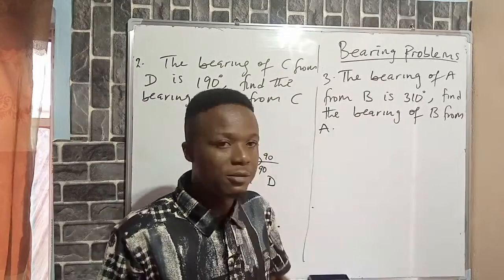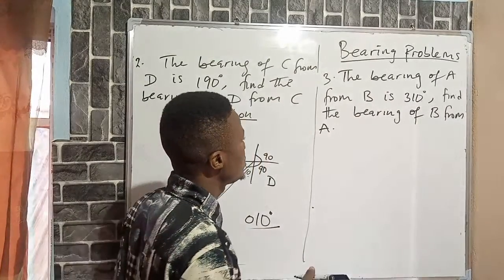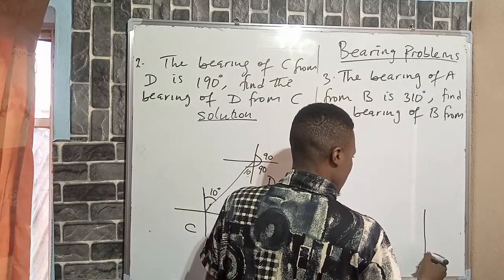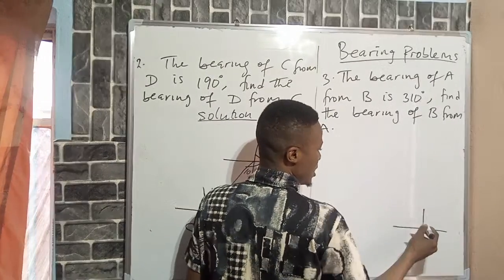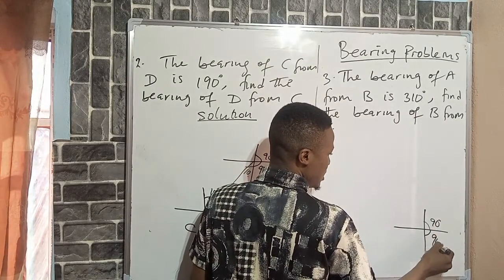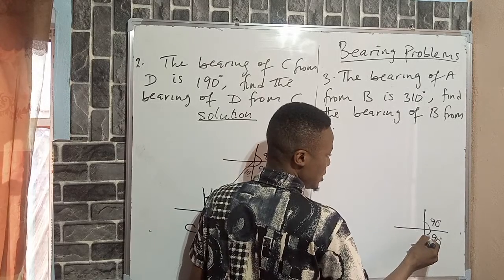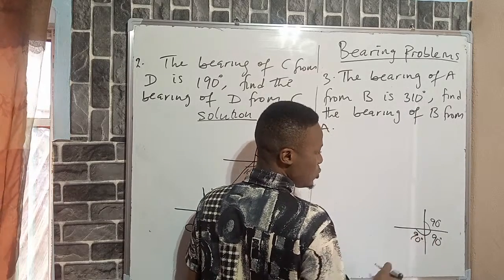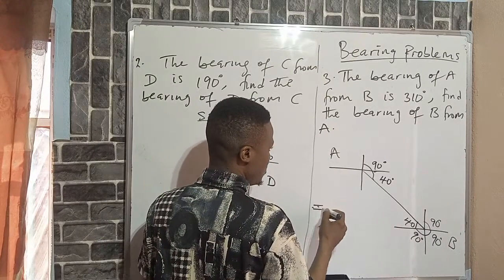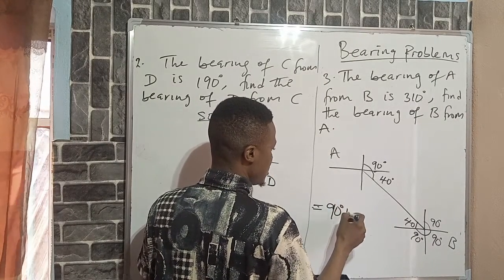Find the bearing of B from A. To do that, 310 degrees, I can have something like this. From here to here is 90 degrees, another 90 degrees making it 180, another 90 degrees making it 270, because of alternate angles. Therefore, the required bearing is now 90 degrees plus.